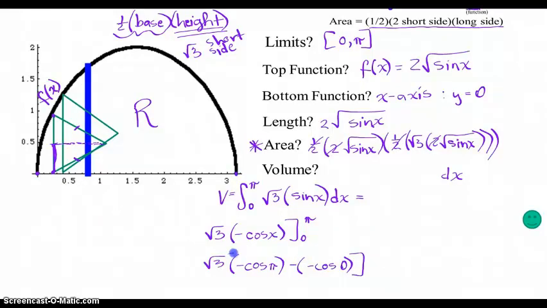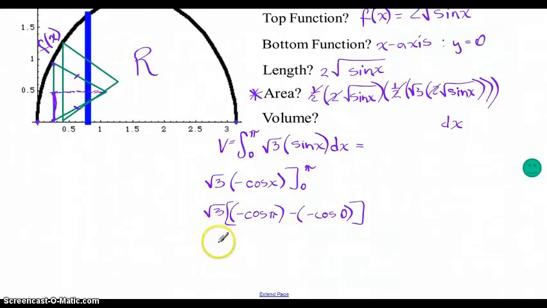And that square root of 3 distributes all the way through there, so I want to make sure I keep up with that. So cosine of pi is -1. Cosine of 0 is 1. So a negative -1 is a positive 1. And then minus a -1 is a positive 1.